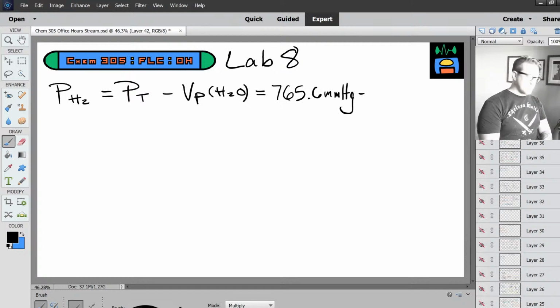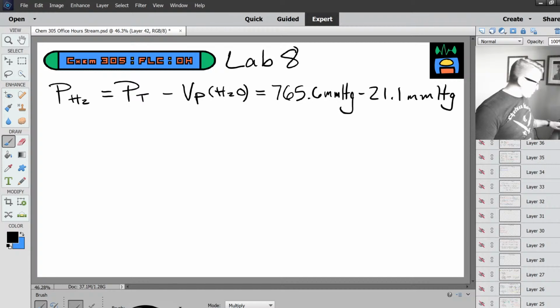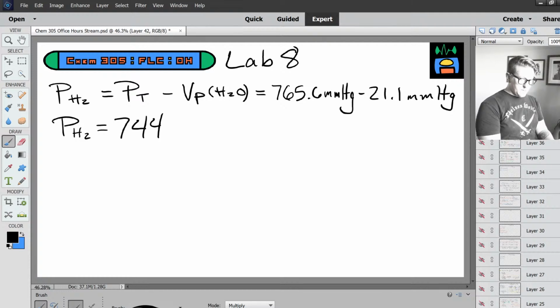And then the vapor pressure of water was 21.1 millimeters of mercury. So when we take the difference, 765.6 minus 21.1, the partial pressure of hydrogen is 744.5, and that may seem like a lot, but remember, our units here are millimeters of mercury. Quick note, last sig fig has to be in the first decimal place, and it is, so we're good.